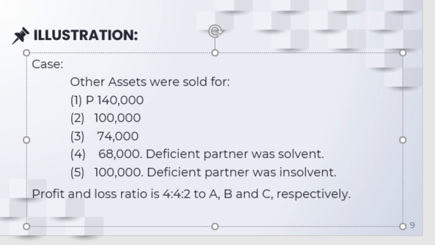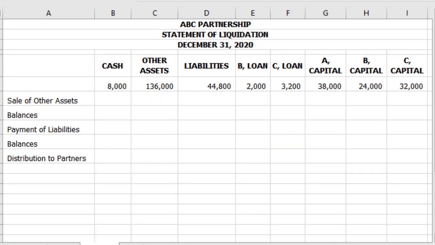So, ang gagawin natin una is the statement of liquidation. And then, gagawin natin yung ating journal entry for each of the transaction. Sa paggawa natin ng statement of liquidation, first dapat meron tayong heading.